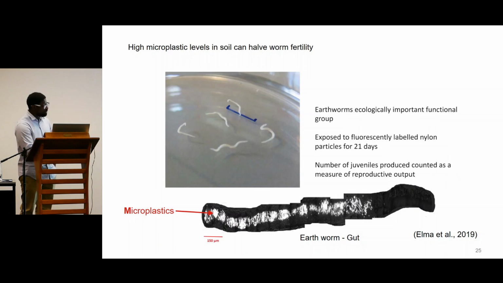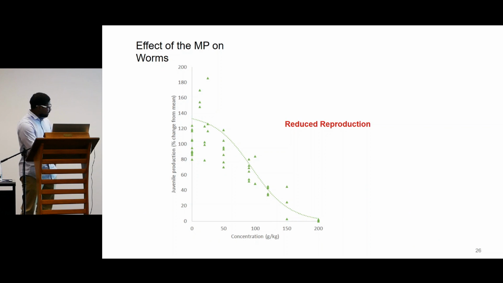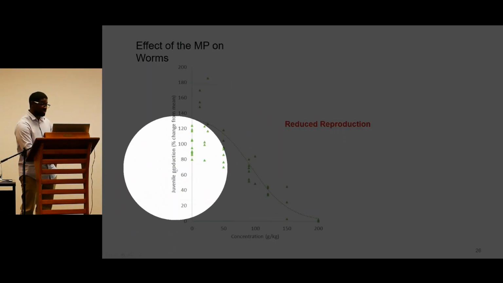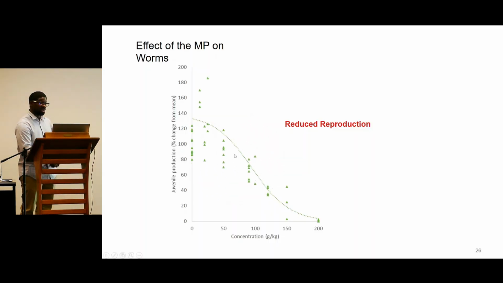They wanted to know the impact of this, and they realized that the higher the concentration of microplastics in soil, the lower the worm reproduction. That means it impacts their reproduction rate, which can heavily affect the soil, because if you have limited worms in the soil, then the fertility of the soil decreases as well.